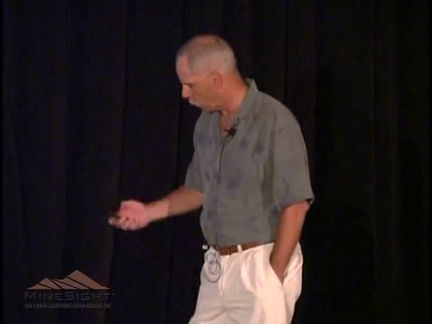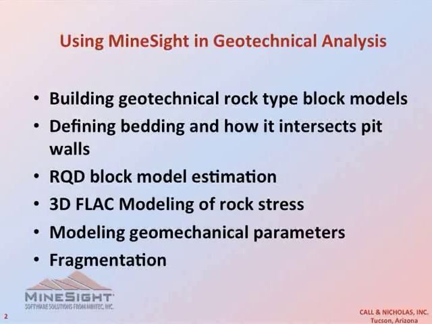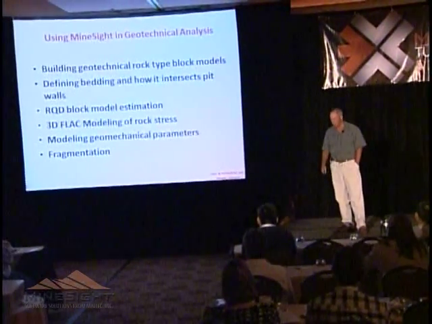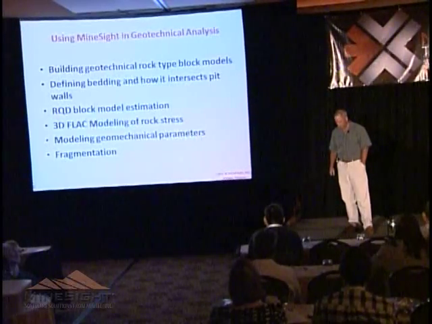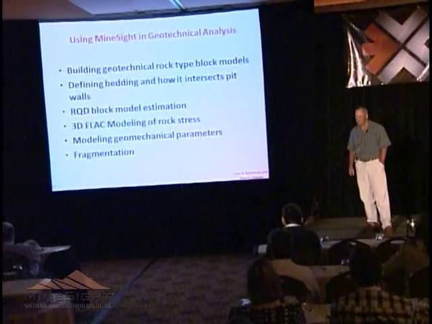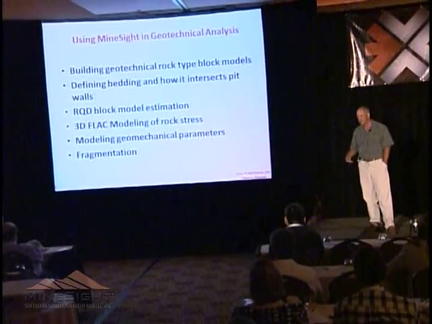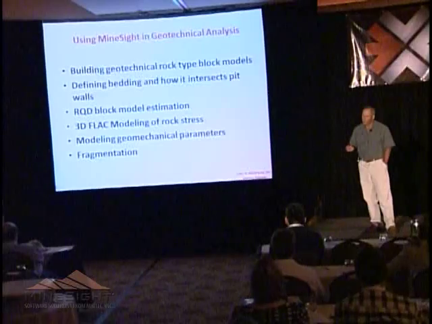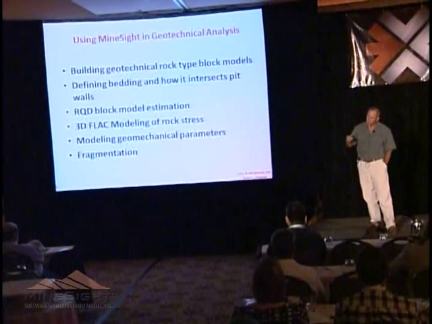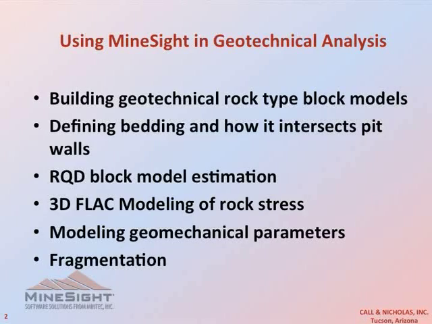This is some of the things that I'm going to talk about today. Building geotechnical rock type and block models is one of the biggest things that we do at CNI. By taking different rock types and alterations and geotechnical characteristics of the rock, we can subdivide the rocks into certain units that will behave either good geotechnically or bad geotechnically.